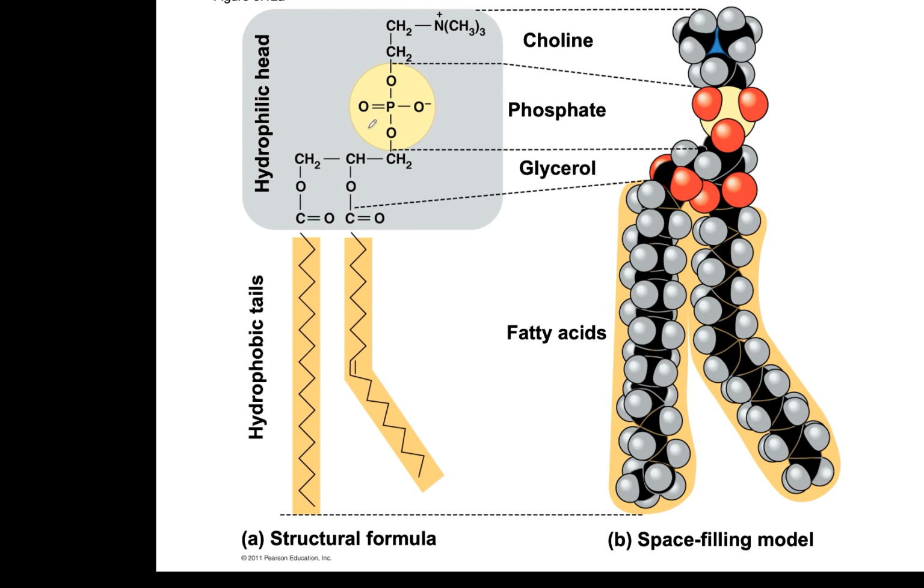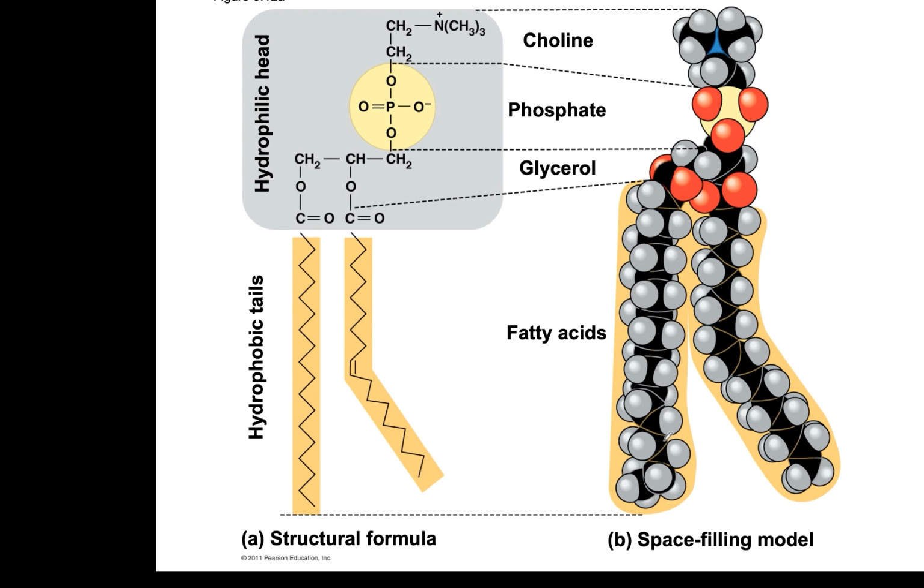One more time, this is the glycerol molecule, glycerol backbone. 2 carbons of the glycerol molecule bind with fatty acid chains, and the remaining carbon of the glycerol molecule binds with phosphate. Therefore, we call that phospholipid. This is the space filling model.